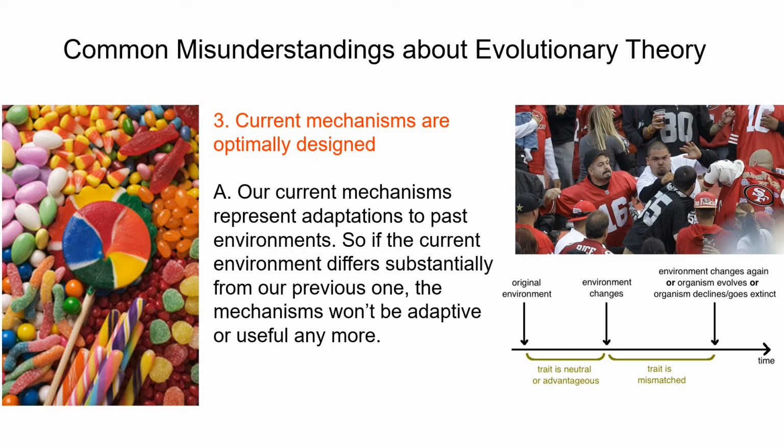So this is A of three different reasons why we're not optimally designed. A, our mechanisms are not optimally designed because of what's called environmental mismatch. There's a term called EEA, the environment of evolutionary adaptedness. You don't have to memorize it, just know that the EEA is when behaviors evolved. These behaviors didn't evolve in the last week, the last month, the last year, even the last few generations.